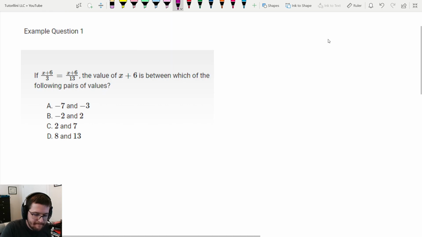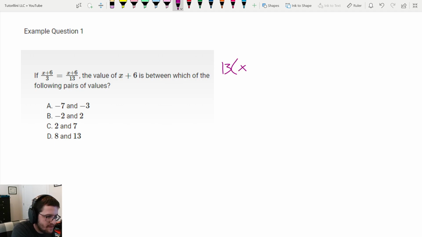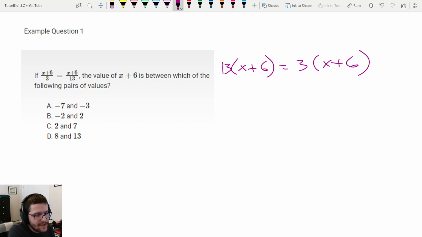Okay, so to solve this equation, I'm going to cross multiply. So 13x plus 6 equals 3x plus 6. And now it doesn't want me to find x, it wants me to find x plus 6.